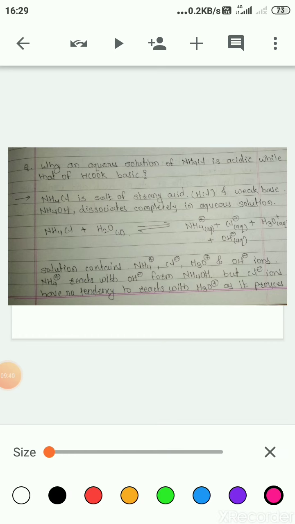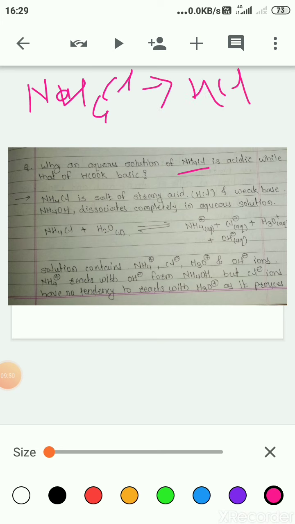For example, ammonium chloride is made from HCl plus ammonium hydroxide, NH4OH. Here HCl is a strong acid and NH4OH is a weak base.